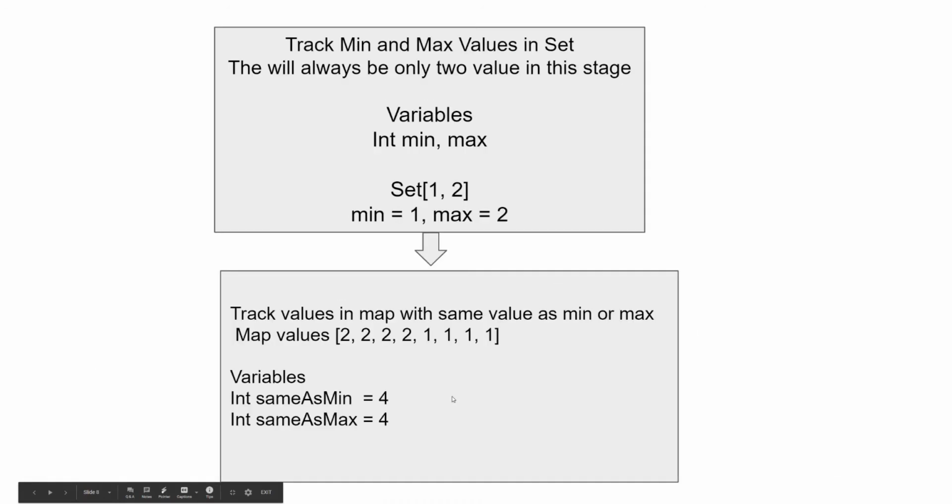So it's still fine. In this case, our same as max should be 5, and then our same as min should be 4. Because our min is 1, we have 1, 2, 3, 4 for our min, and then our same as max should be 5, because I obviously forgot to put 1 there.